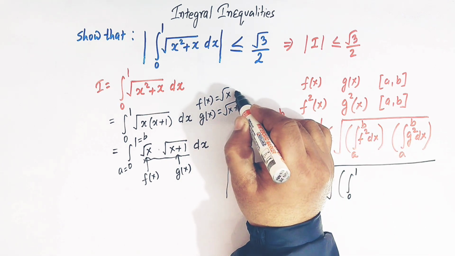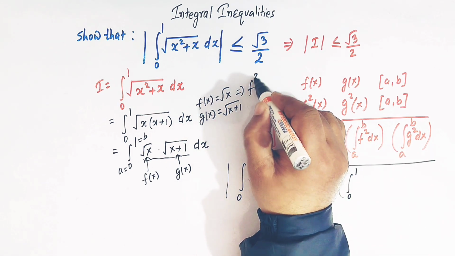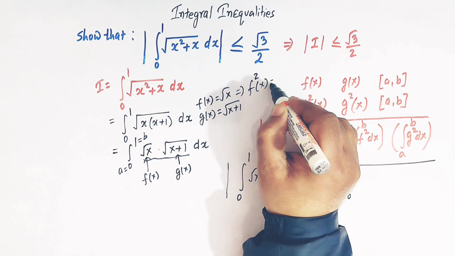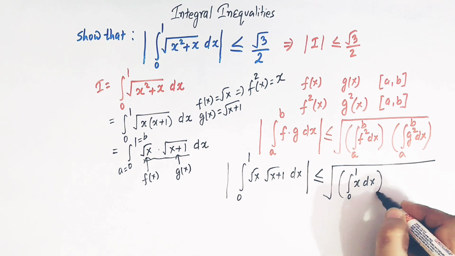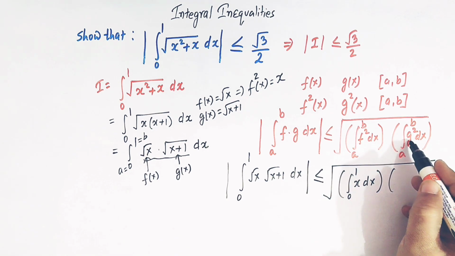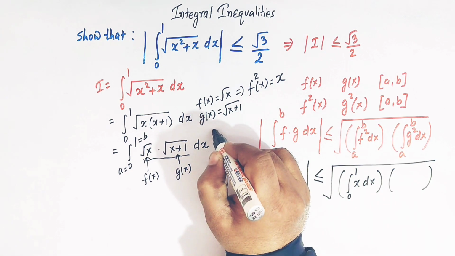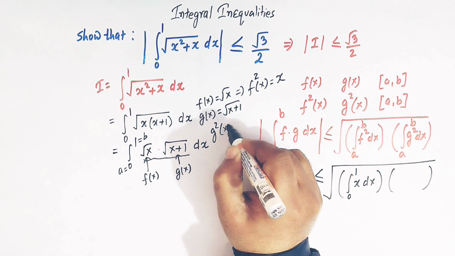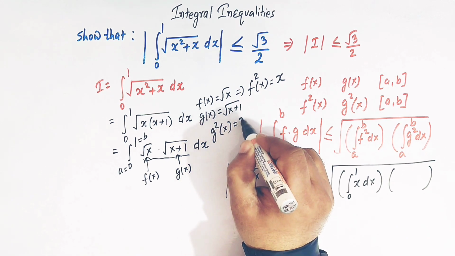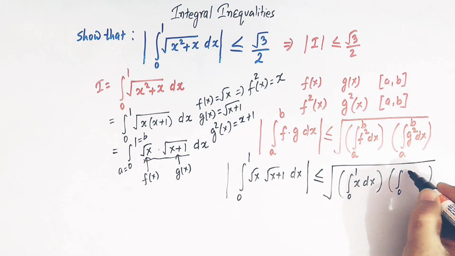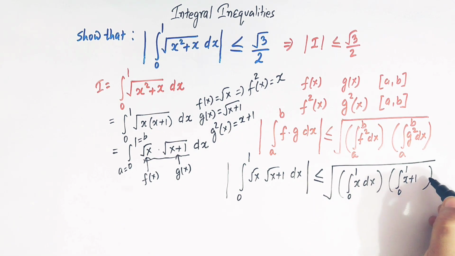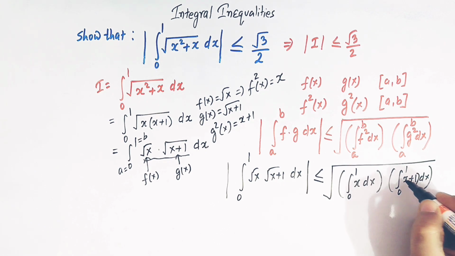The square of f is equal to x, so here we have simply x dx, and the second one is g square dx. The square of the function g of x is x plus 1, so here we have 0 to 1 of x plus 1 dx.